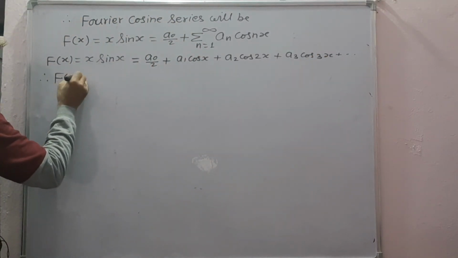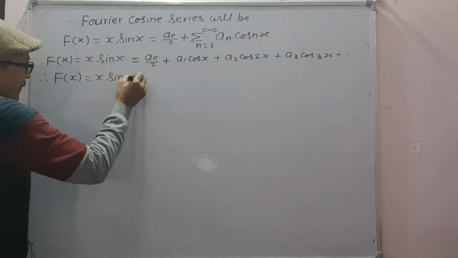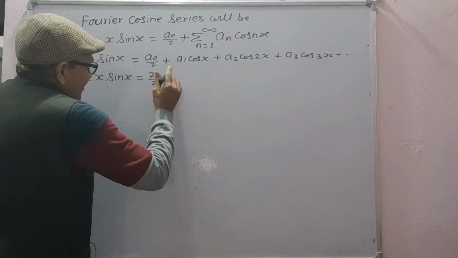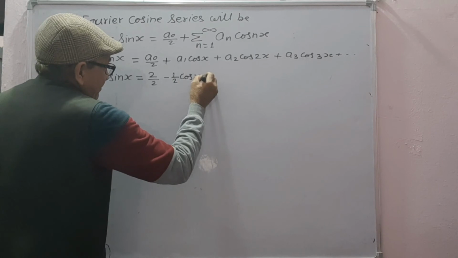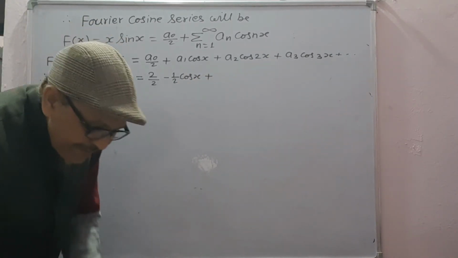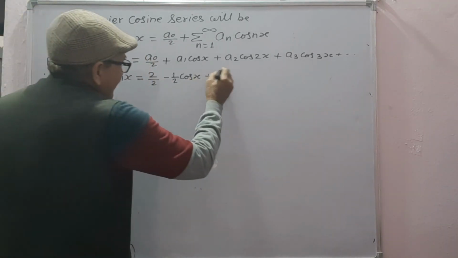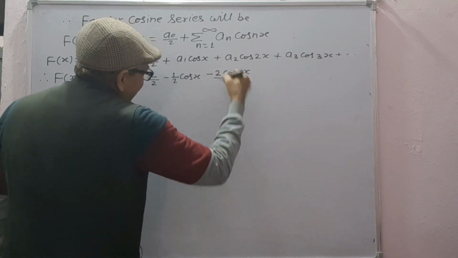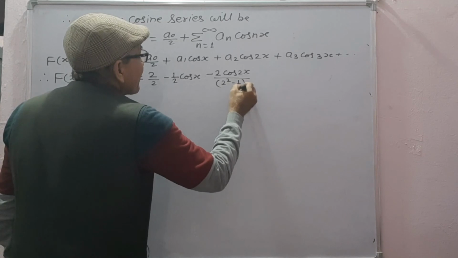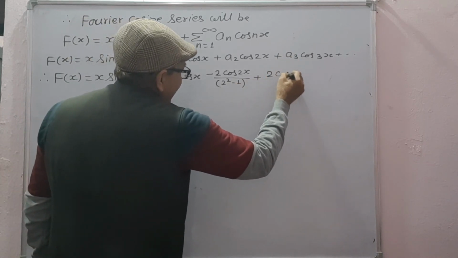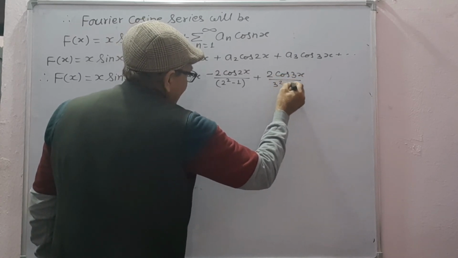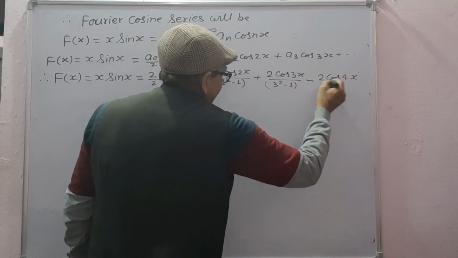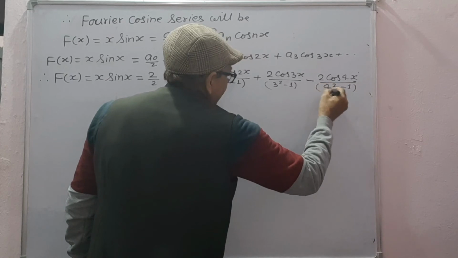Therefore, f(x) will be equal to x sin x is equal to a naught is 2, so 2 by 2, plus a1 is minus 1 by 2 into cos x, plus a2, which is even, and for even we have minus 2 cos 2x upon n square minus 1, meaning 2 square minus 1, then for odd, 2 cos 3x upon 3 square minus 1, minus 2 cos 4x upon 4 square minus 1 and so on.